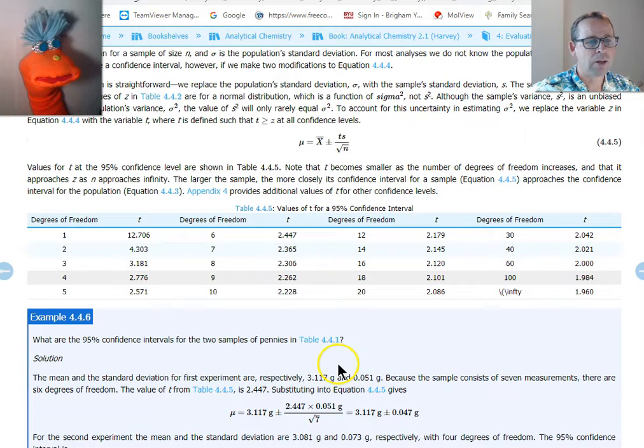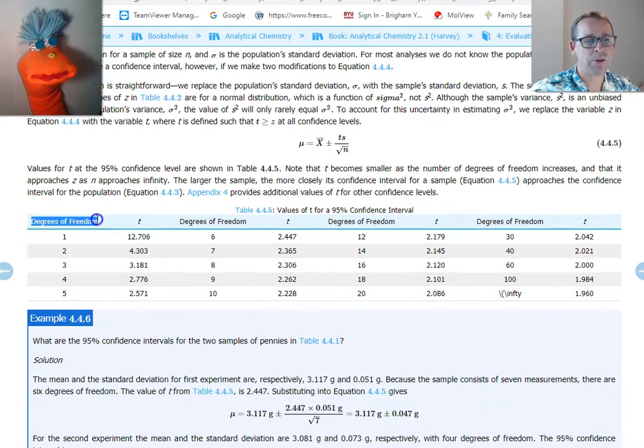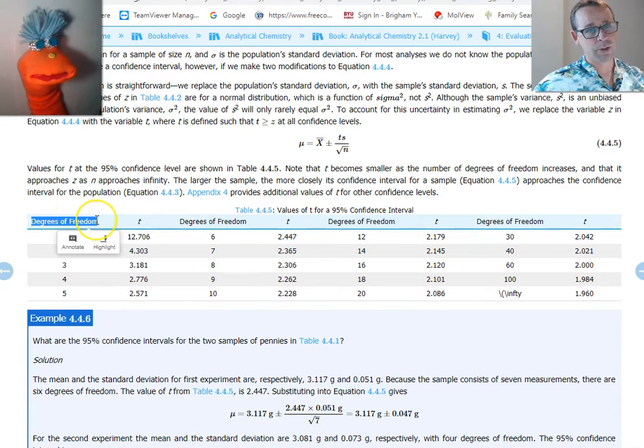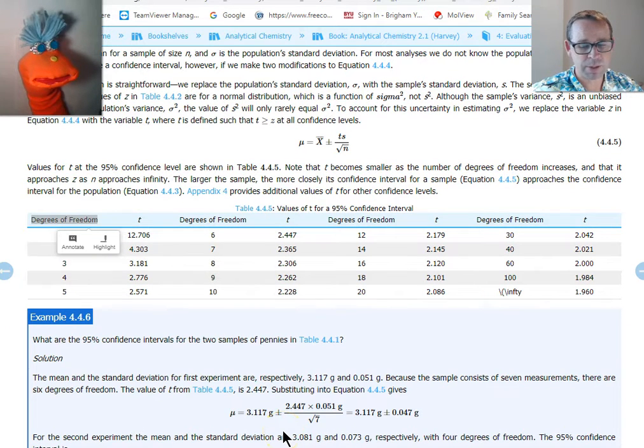Our t values are based on what we call the degrees of freedom. Do you remember what degrees of freedom was? That was just n-1, right? That's right. So if I make 4 measurements, I have 3 degrees of freedom. 10 measurements, how many degrees of freedom? 9 degrees of freedom. That's right.